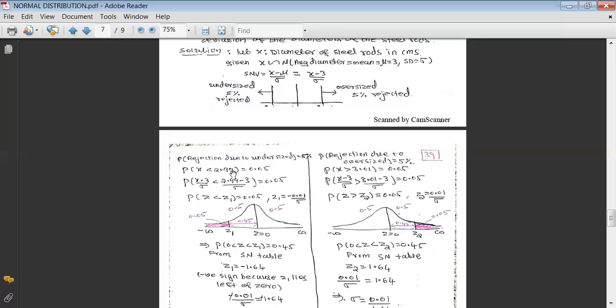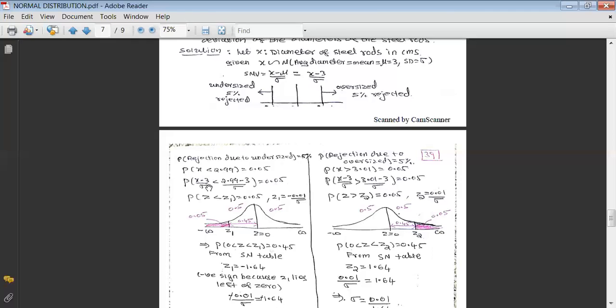And the probability of that rejection due to undersize is 5%, that is 5 by 100, which is 0.05. Similarly, probability of rejection due to oversized. Oversized means the diameter should be more than 3.01 centimeters. That is, the probability of x greater than 3.01 is 0.05, they have given, and this will be the criteria for the rejection due to oversize.